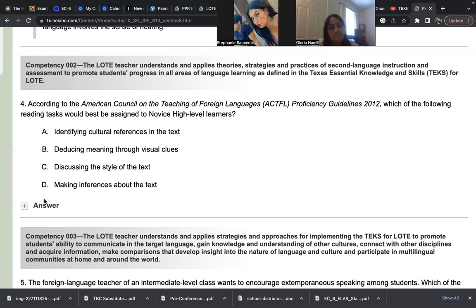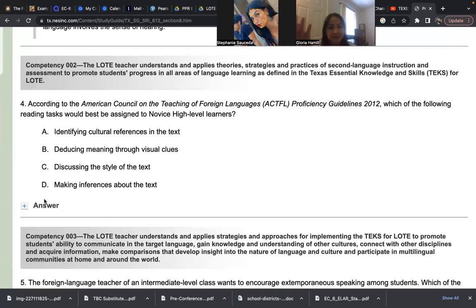When they start with learning culture and words, vocabulary and words and culture. Oh, man, this one's hard. Deducing meaning through visual cues. I don't know why I don't feel like that would be the answer.